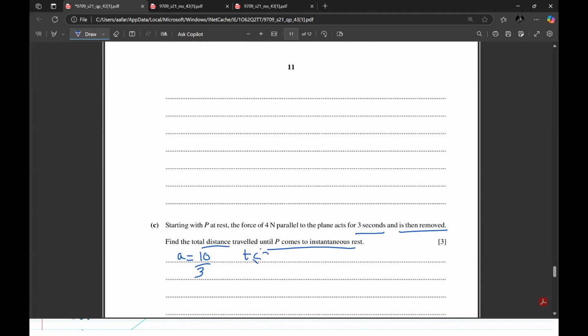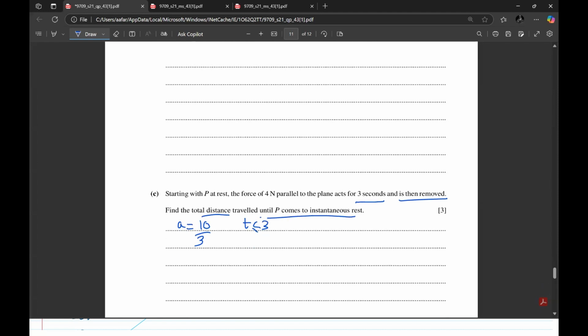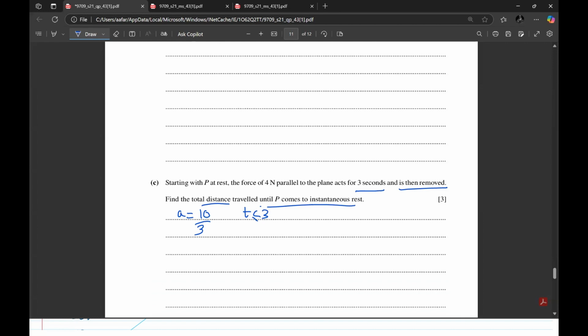For t less than or equal to 3. So we can calculate the speed it reaches after 3 seconds. Initial speed is 0, 10 over 3 times 3 is 10. So at t equal to 3.